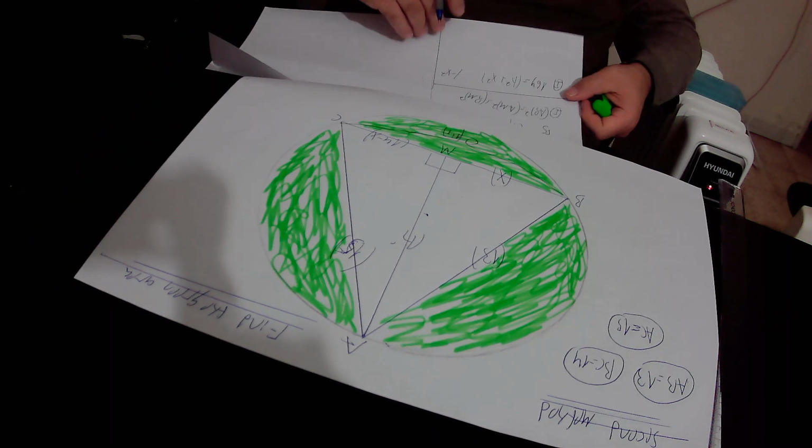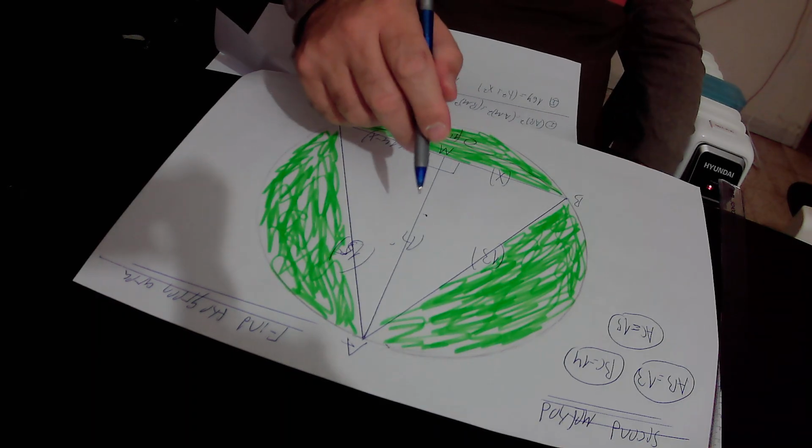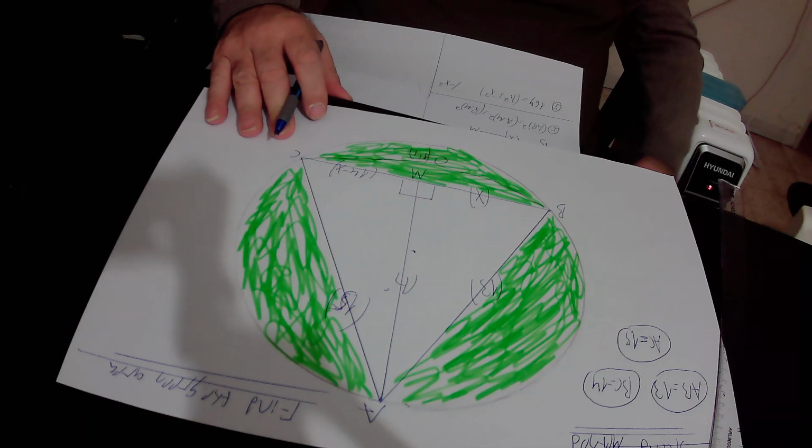In the next step, I will copy the right triangle AMC in a new page, and we will implement on this right triangle AMC the Pythagoras theorem.